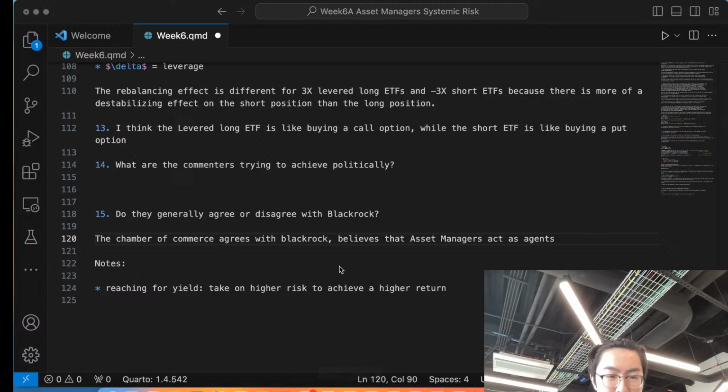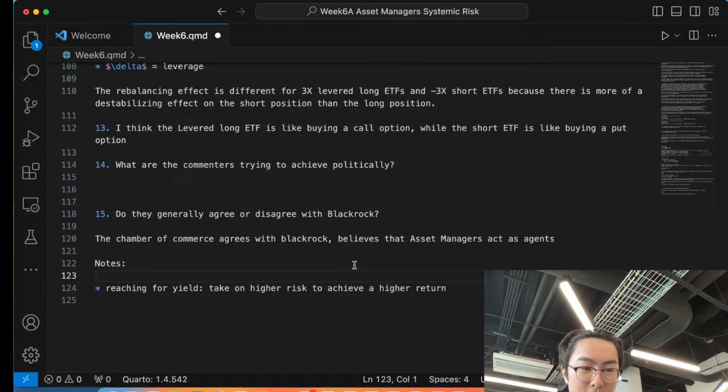Okay, so what I've noticed is that some of these people commenting on the research report are also asset managers. And so I feel like if BlackRock is disagreeing because they want to be deregulated, other asset managers, one of them is Vanguard, would also probably agree with BlackRock.